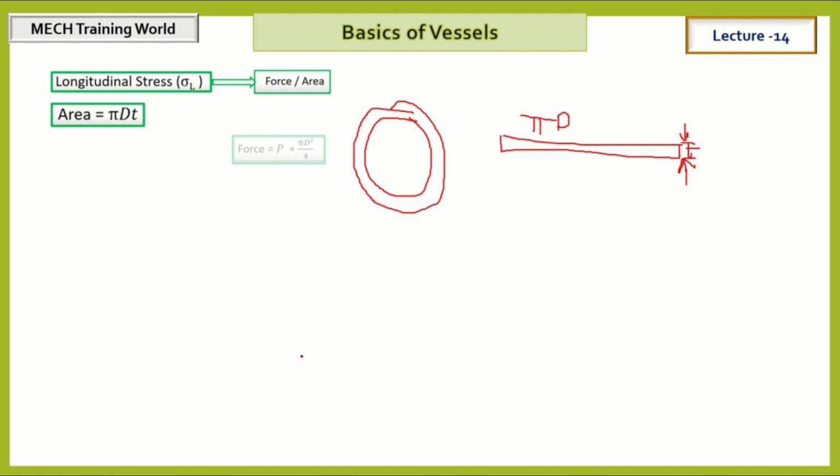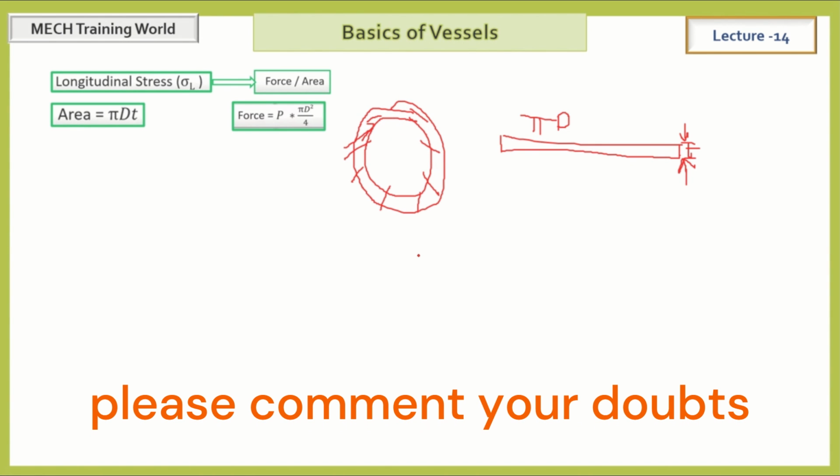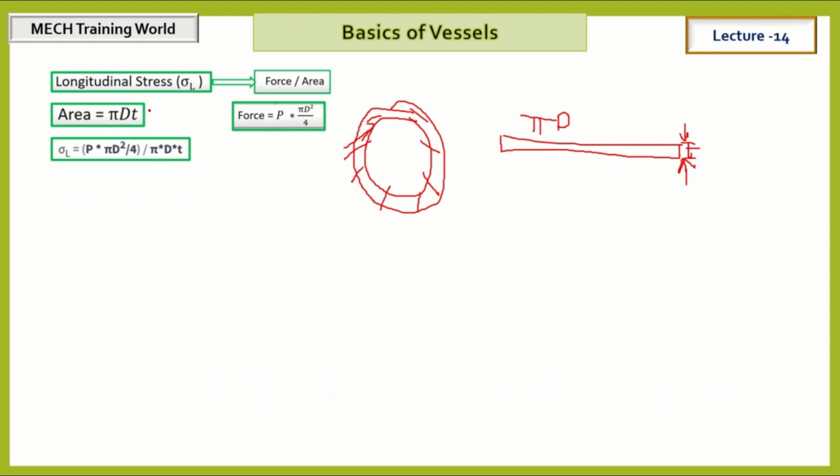Force is equal to pressure into area, and pressure acts on this circular area, so that's pi d square by 4. If we divide both formulas, d square and d cancel, and pi and pi cancel. Finally, longitudinal stress is equal to PD by 4T.